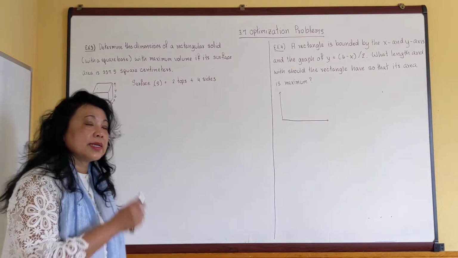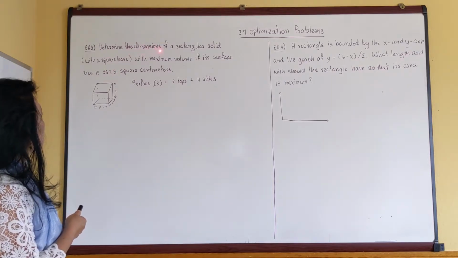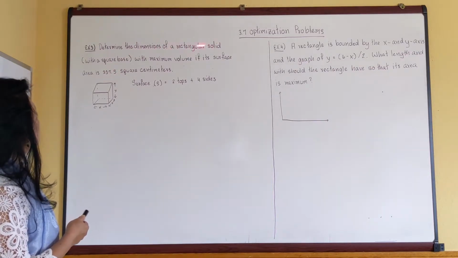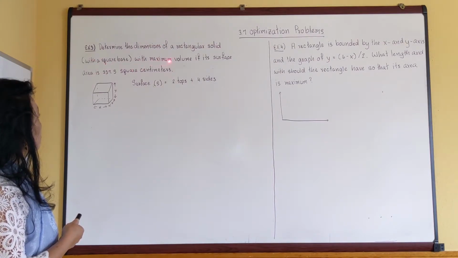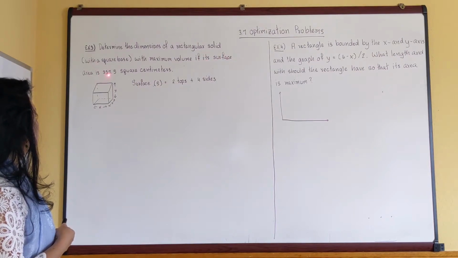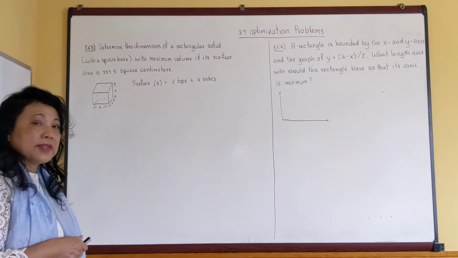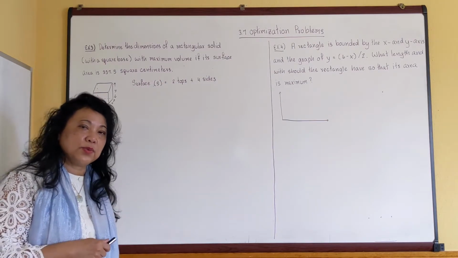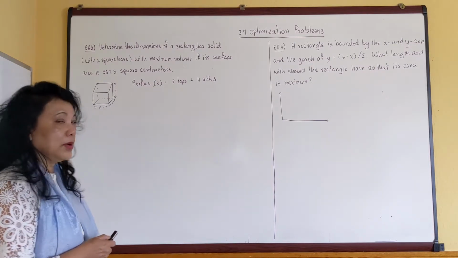Alright, so let's look at our third example. Determine the dimensions of a rectangular solid with a square base with the maximum volume if its surface area is 337.5 square centimeters. A lot of times I'm not going to give you a picture, because it takes me time to draw the picture and I don't know how to draw.